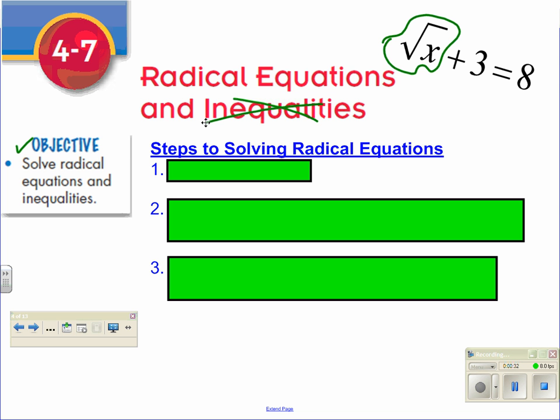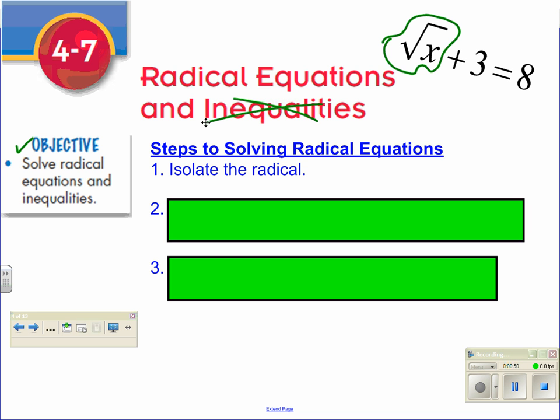There are a few steps that you might want to keep in mind for solving a radical equation, and they are: number one, isolate the radical. Why don't you take a moment and write these 3 steps down and try to keep them short.